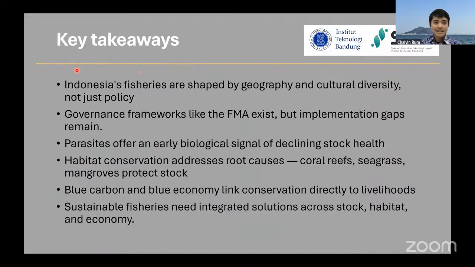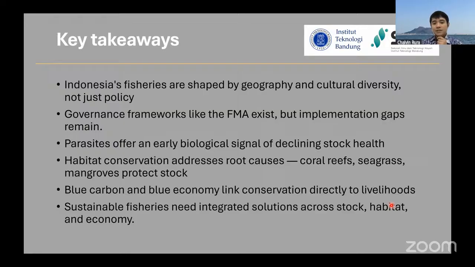This is just a key takeaway or summary from my talk today. Indonesia's fisheries are shaped by its geography and cultural diversity, not just policy. There are already existing fisheries management areas, but maybe in the implementation there are still holes. Parasites can offer a biological signal of declining stock, and can be an alternative to other methods in determining stock.